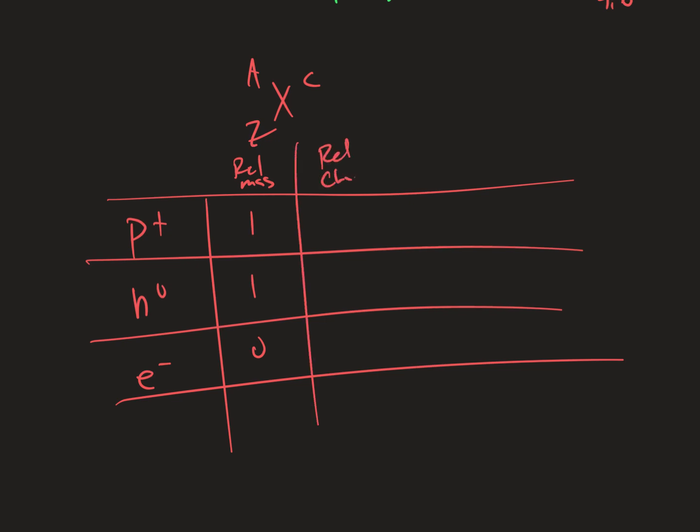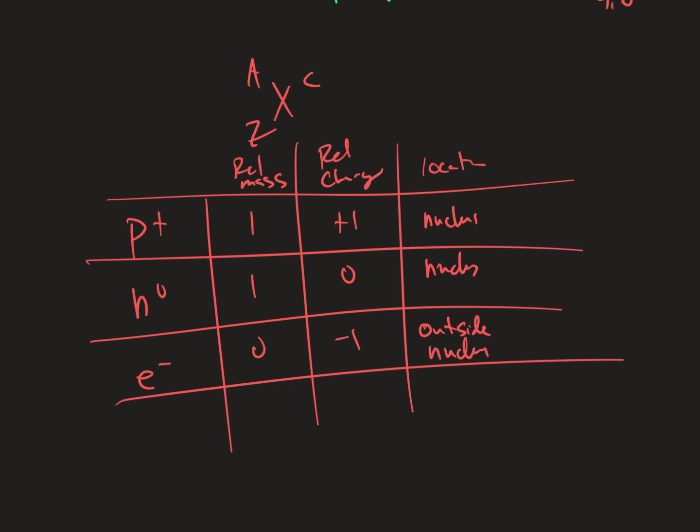Relative charge is +1, 0, and -1. And then where they're located: nucleus, and outside the nucleus.